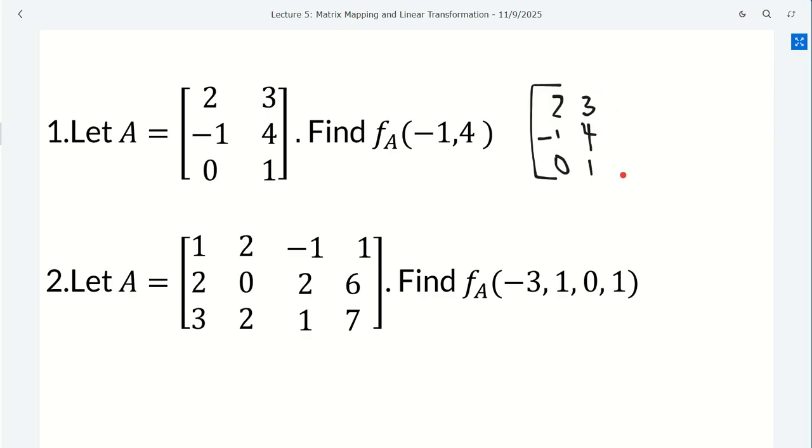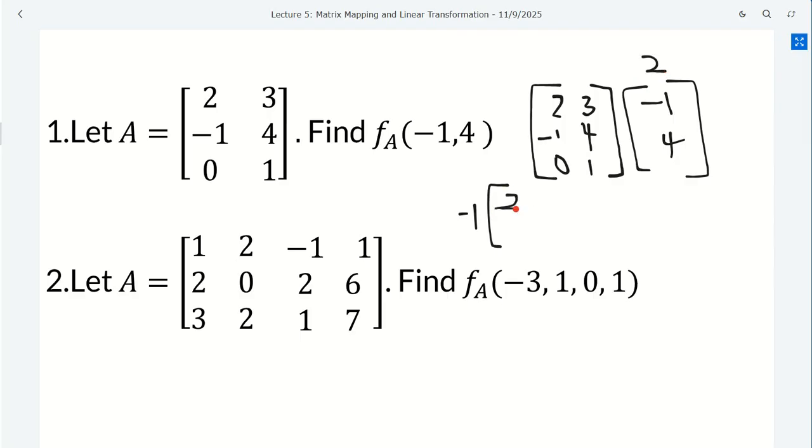Then we have -1 and 4. All right. You can pick the individual columns. Now here, what is the dimension? The dimension is 2 by 2.